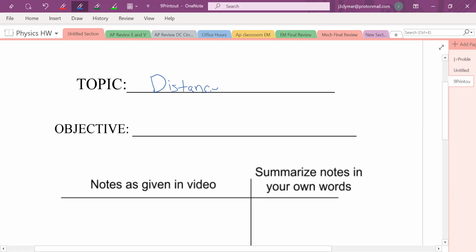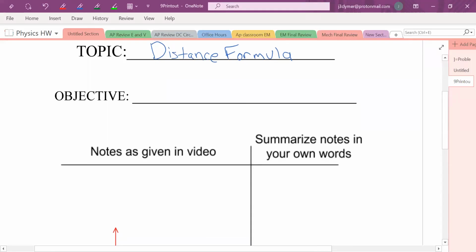All right, so what is the distance formula? Well, we're going to look at that in just a second, but first let's talk about the objective. What is it that we're hoping to learn from this lesson? Well, what we're hoping to learn is the relationship.